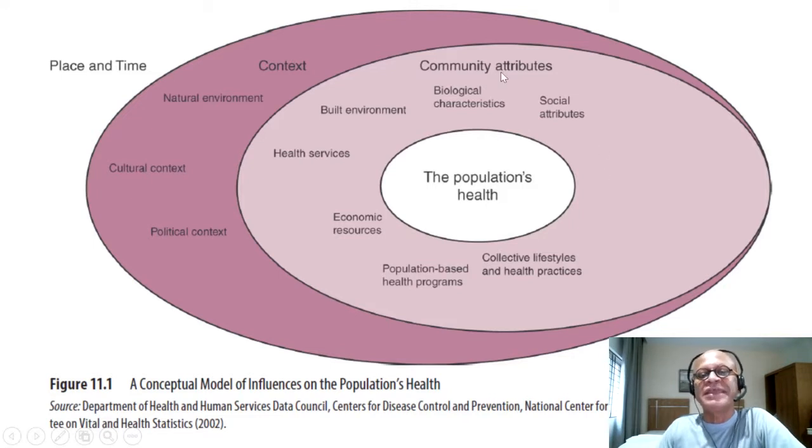And we have community attributes that include social attributes, biological characteristics, built environment, health services, economic resources, population-based health programs, and collective lifestyles and health practices, which tend to be culture-specific, region-specific, and so on.